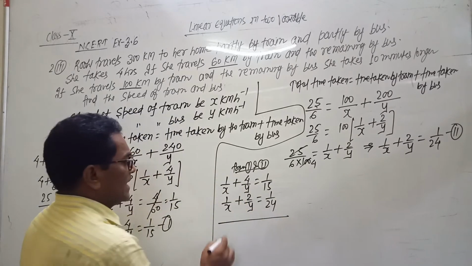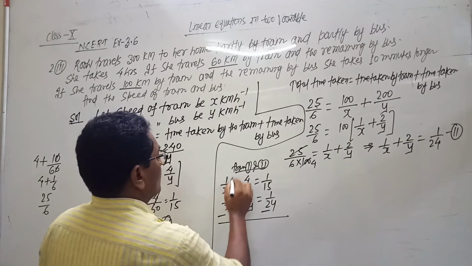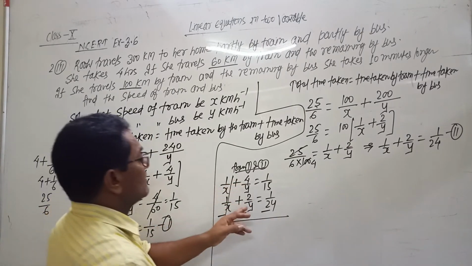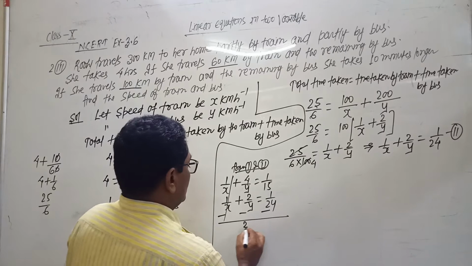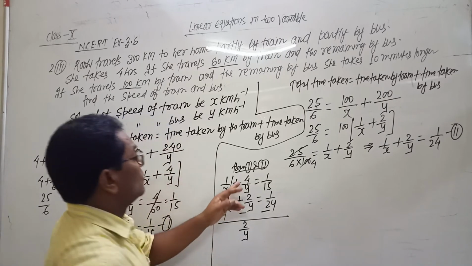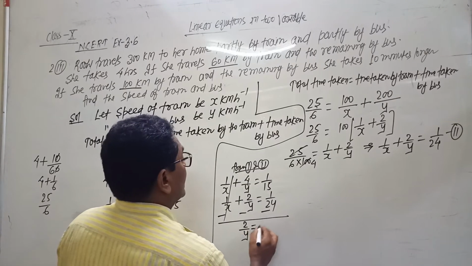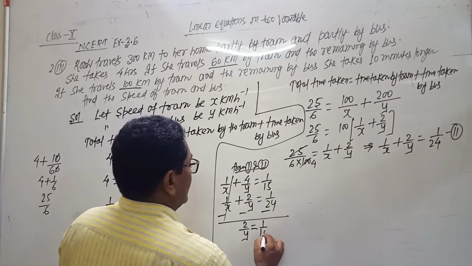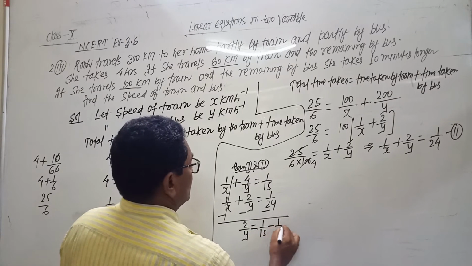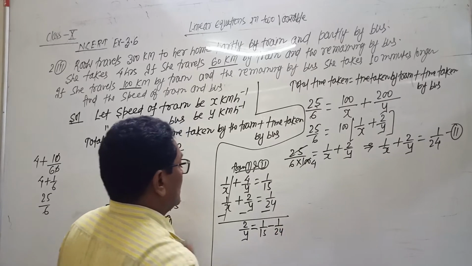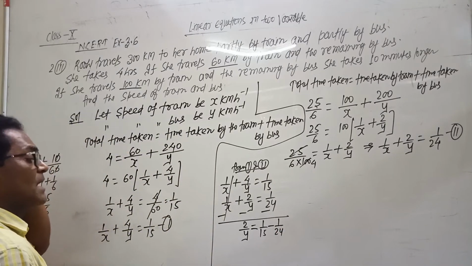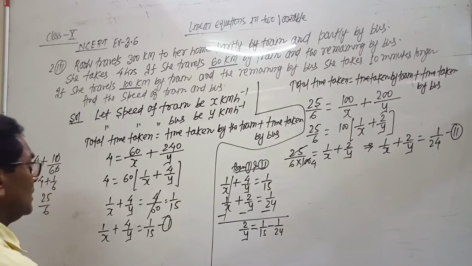Now subtract directly. 1 by x gets cancelled, 4 by y minus 2 by y gives 2 by y, and 1 by 15 minus 1 by 24.